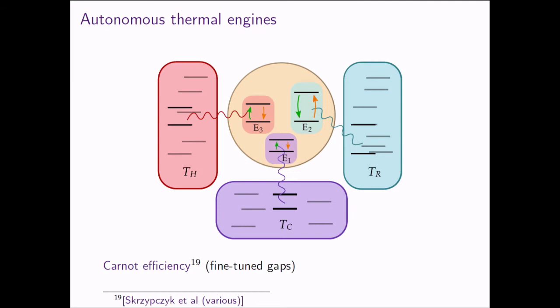Then you can turn on some interaction. And in fact, there are some results that say most interactions will do, which is energy conserving. So for example, in this case, it could mean that, let's see if I get this right.